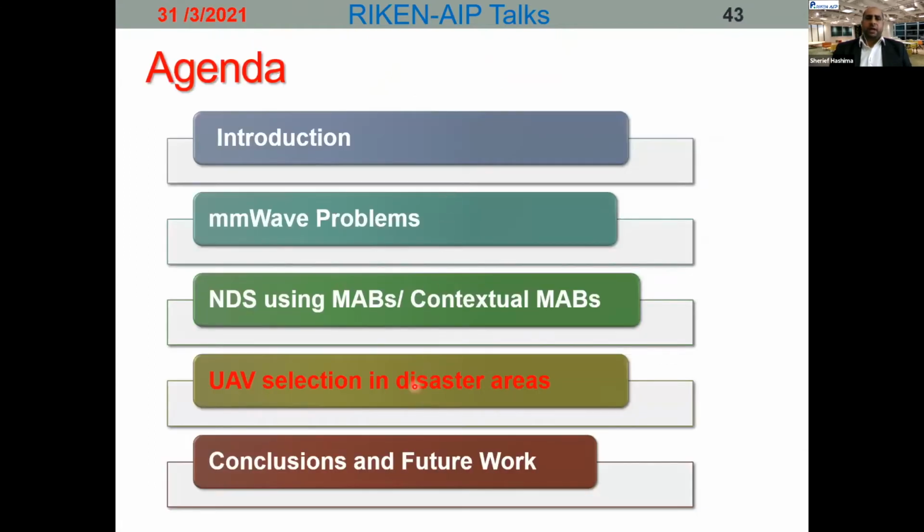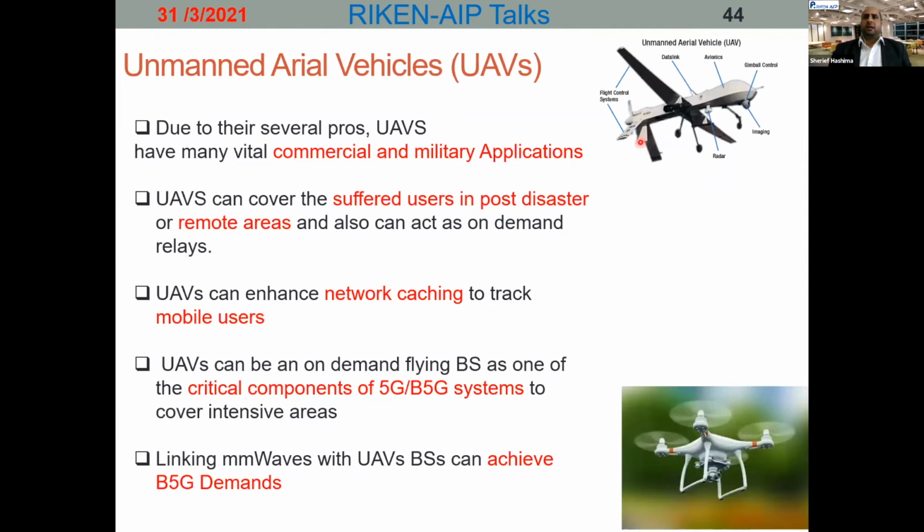Now we will move to the other problem formulation, which is unmanned aerial vehicle selection in disaster areas. Unmanned aerial vehicles are drones, and they are important for commercial and military applications. They can cover disaster areas and remote areas like forests, where the ground stations don't work or malfunction.